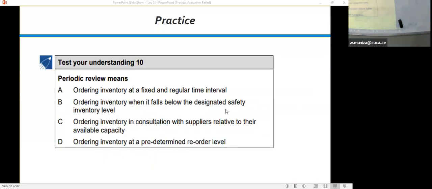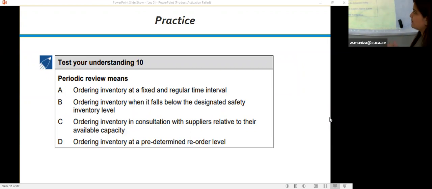Okay, now question number 10. Periodic review means ordering inventory at a fixed and regular time interval. Is it? Yes, this is true. So fortunately, the first statement is true. All the others are going to be wrong. Let's see.